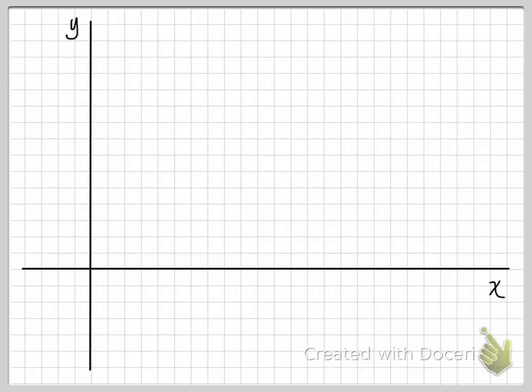So for this proof, we're going to use something called proof by contradiction. So I'm going to draw myself a line. We're going to call this line L. And it goes through a certain point right there.